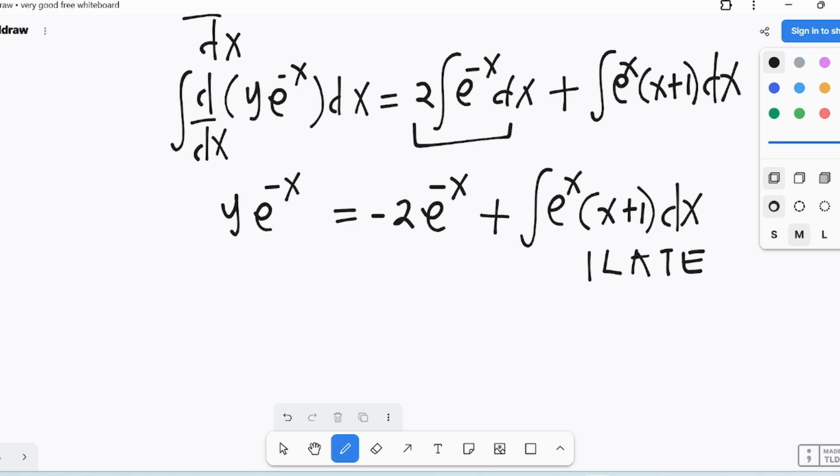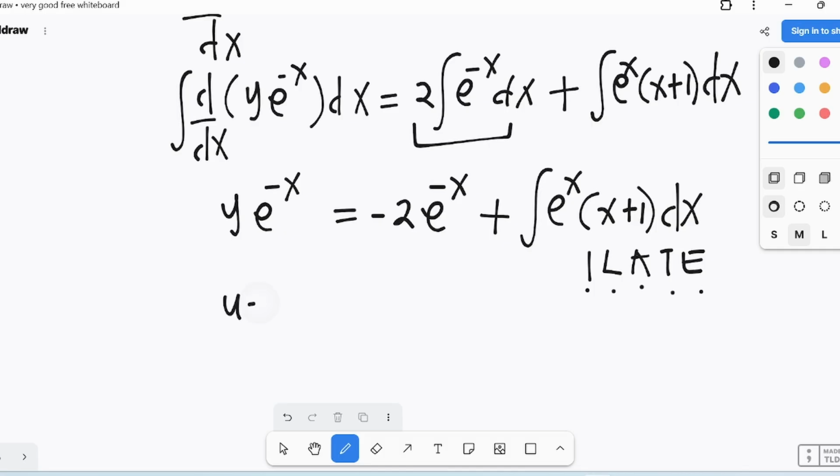From here, we look at it: inverse trigonometric, logarithmic, algebraic, trigonometric, exponential. In our expression, algebraic comes before exponential.